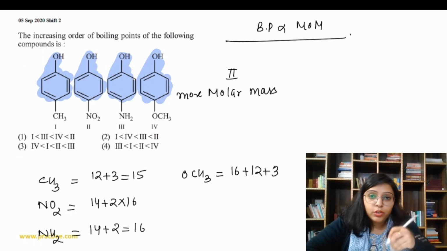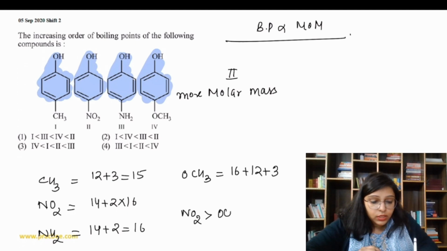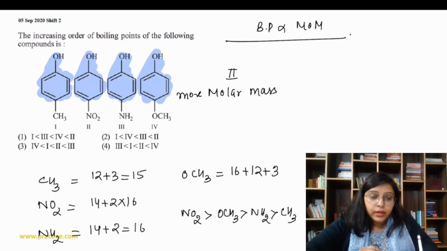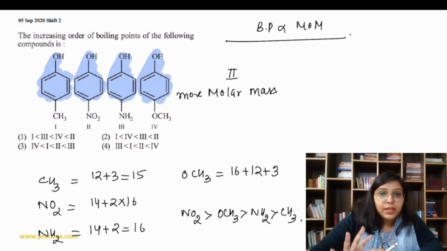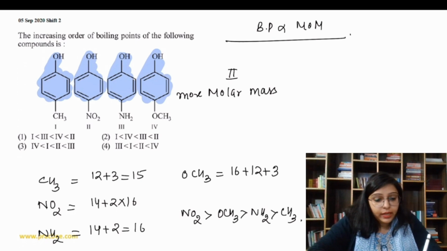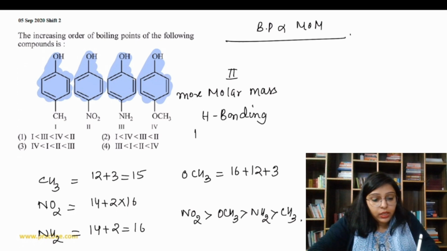So if we talk about the mass order, the NO2 mass is going to be more, then OCH3, then NH2, and then CH3, right? So the second has more molar mass. Also in the second we have intermolecular hydrogen bonding. So the second is going to be highest.